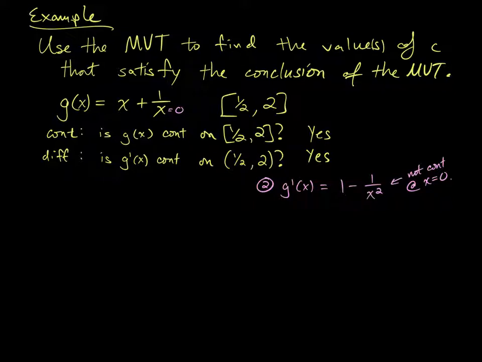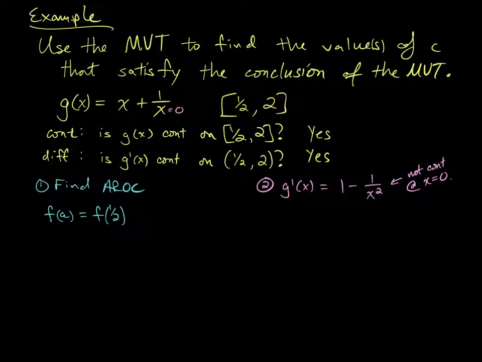So we've already figured out what the derivative was. G prime of x is 1 minus 1 over x squared. And that means we have to come back and do the first step, which is to find the average rate of change. So you have to go through this whole process here. We want to find f of a, which is the same thing as f of 1/2.